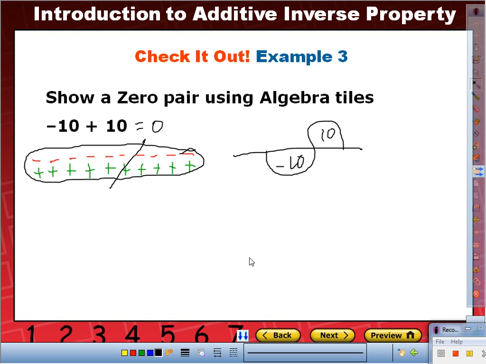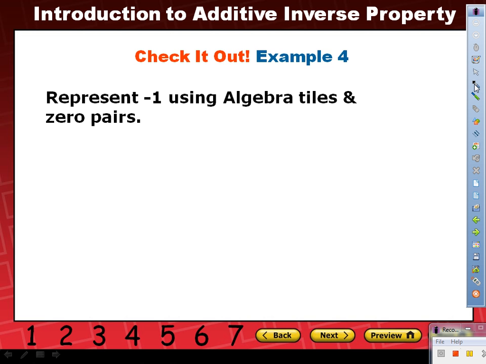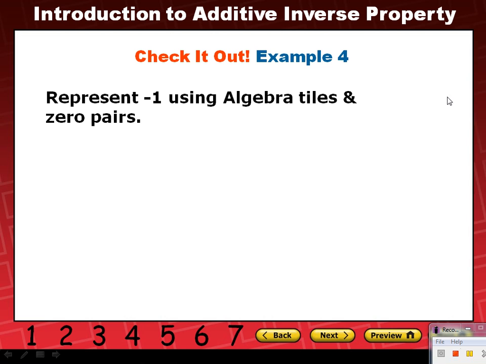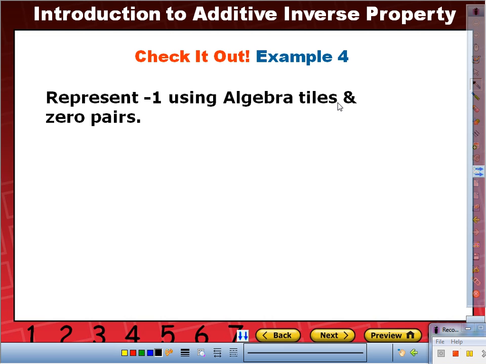So here goes the next part. Let's kick it up a notch. Example number 4. Copy this down, please. It says, example number 4. Represent -1 using algebra tiles and 0 pairs.